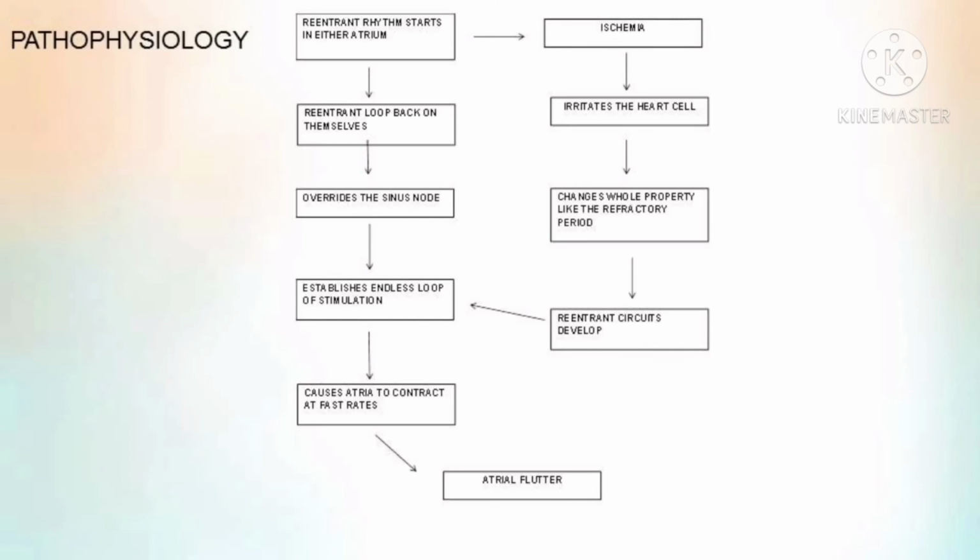An underlying disease like ischemia makes the heart cells more irritable, which can change properties like the refractory period, and thus make it more likely reentrant circuits develop and establish an endless loop of stimulation, which causes the atria to contract at fast rates, and thus atrial flutter occurs.